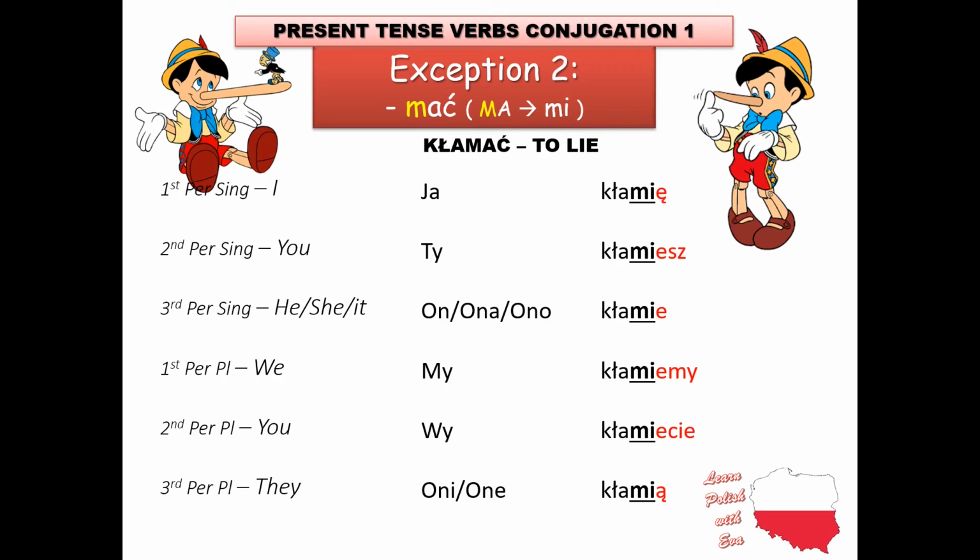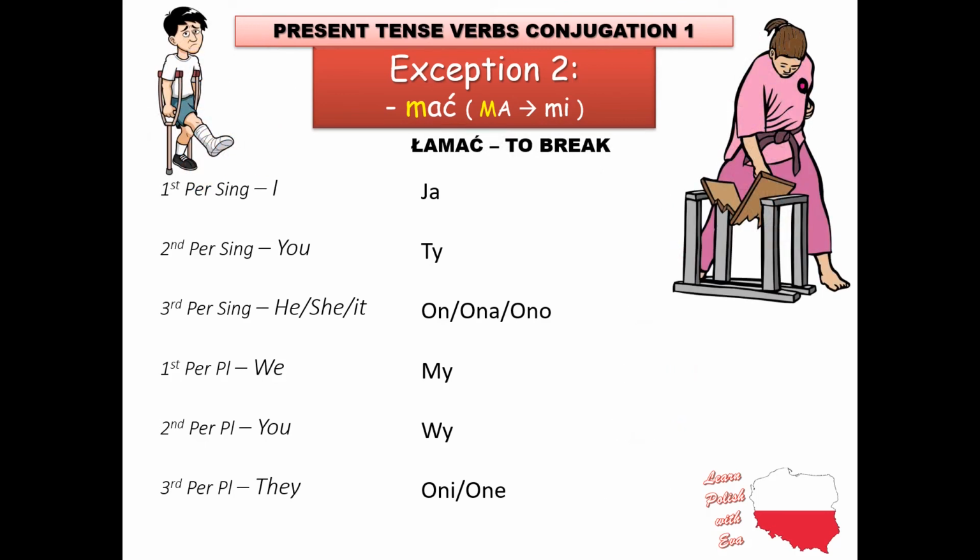Another example is the verb ŁAMAĆ, to break. So what do we do? Yes, we take off the chi letter, which indicates the infinitive. And after that, what do we do? Yes, we change the ma to mi, like you see on the screen, and you add the adequate verb endings. And I hope you know them off by heart by this stage, because it's the 8th video where we discuss verbs of the Polish present tense.